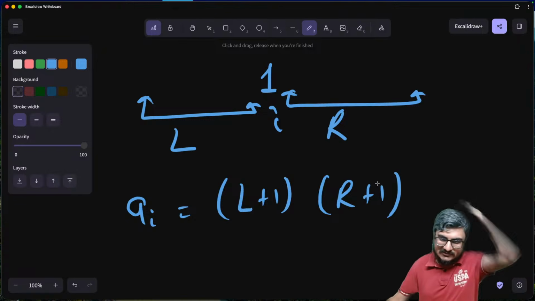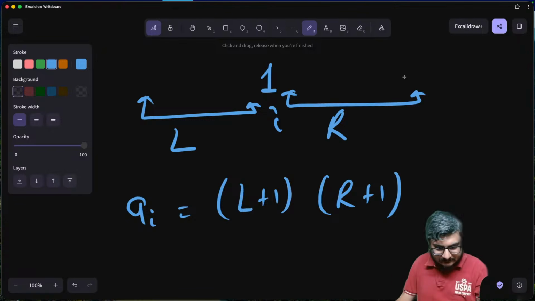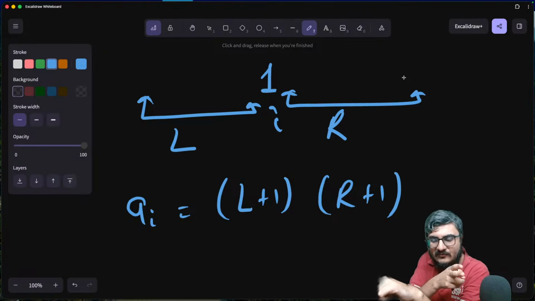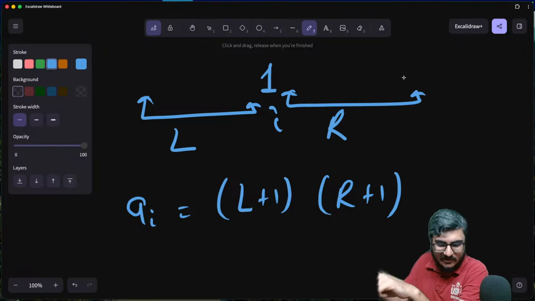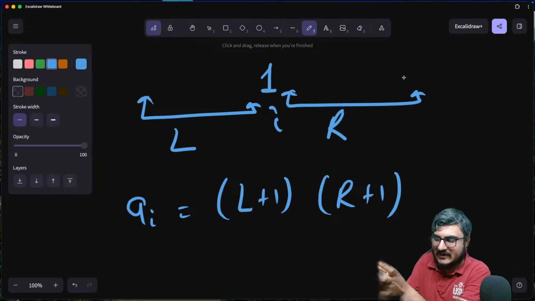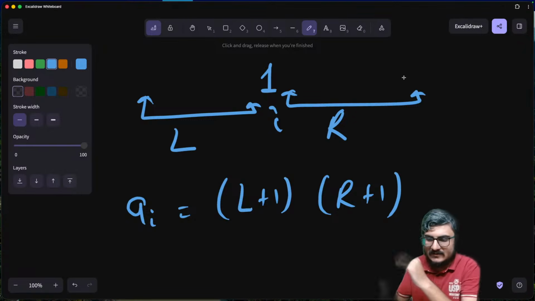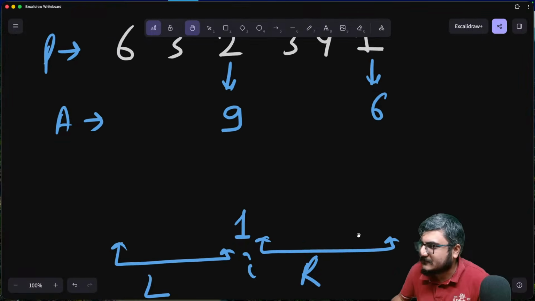That is another way to state it. Wherever we have 1, look at how many numbers from the left of 1 exist and how many numbers from the right of 1 exist. The product of that would be the value at the position of 1. And this holds even for this element as well.